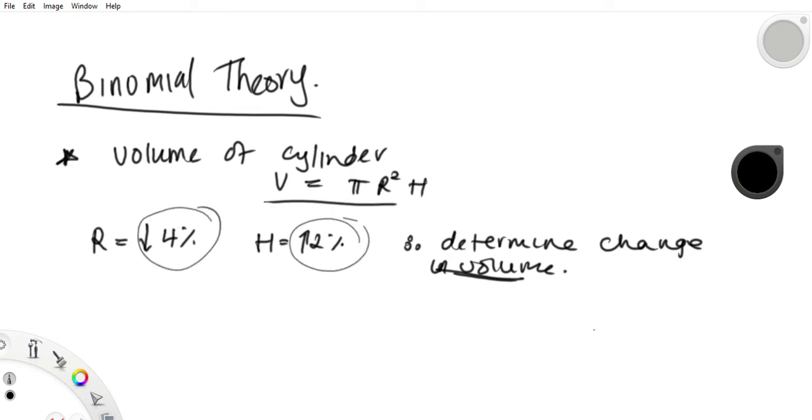So what do I have? If we think about it, the radius is going to decrease by 4%. If we take this in percentages, 4% as a decimal is 0.04.